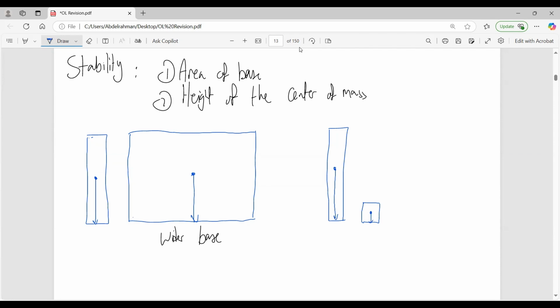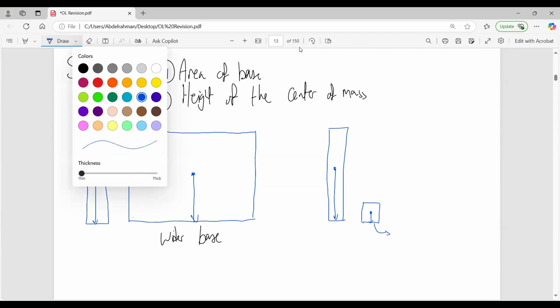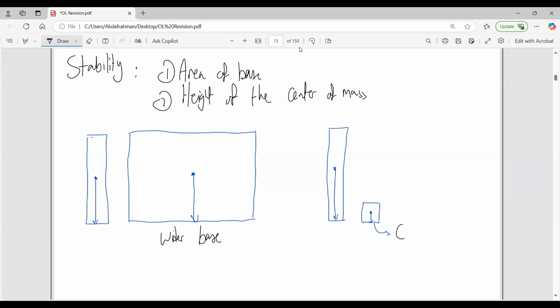Now, this is more stable. Why is it more stable? Because the center of mass is closer to the ground. So it's more stable.